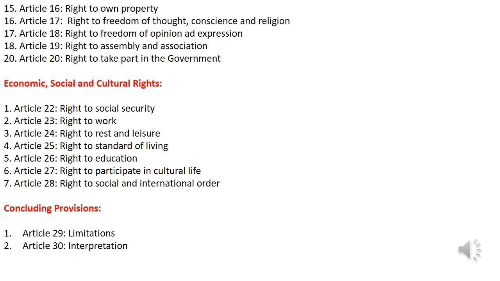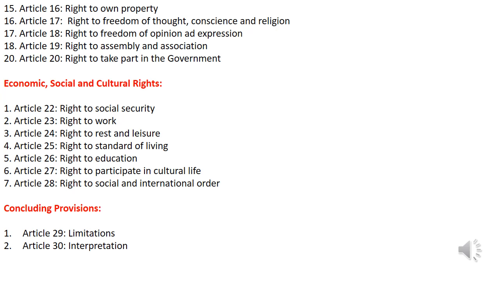Article 29 provides that those rights should be provided to the individual subject to the just requirements of morality, public order and general welfare in a democratic society. So all these provisions of rights have been given by the Universal Declaration of Human Rights to enjoy in a just and equitable manner, but not to violate these rights, taking them as more freedom.